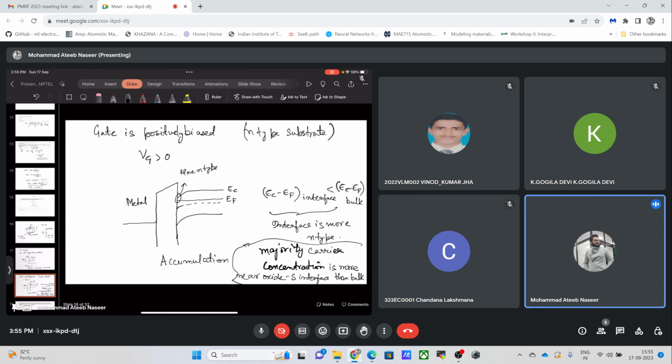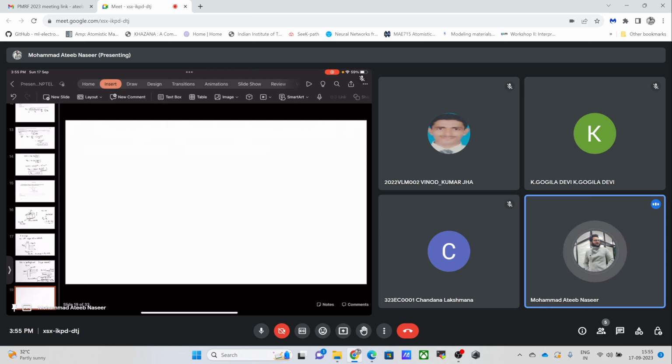Now if a negative voltage is applied to this material, for example this gate, say I am applying a small negative voltage, a small Vg, but Vg is less than 0.